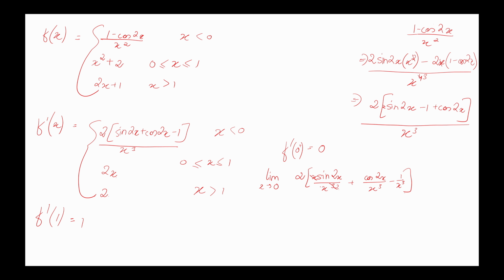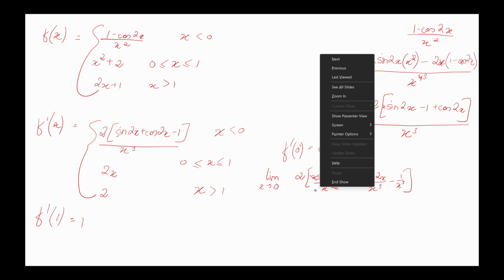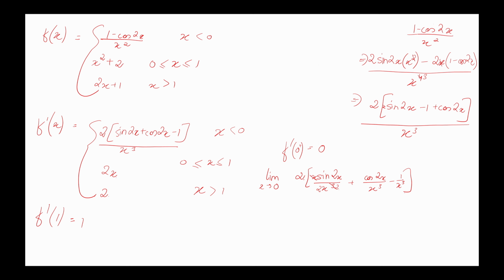So from here what do I get? This entire function, I have to multiply a 2 here and a 2 on top as well. So this thing would become 1 and I would be left with 2 by x. So this becomes 2 by x plus. Now what I can do is take minus common from this term.